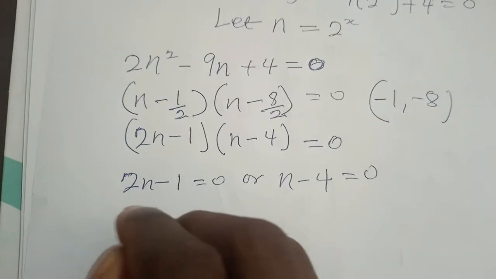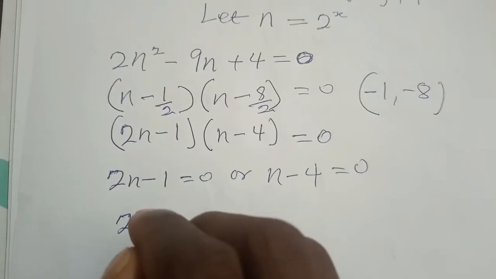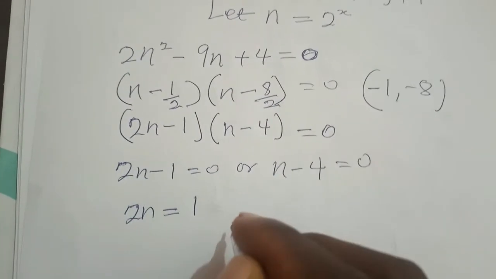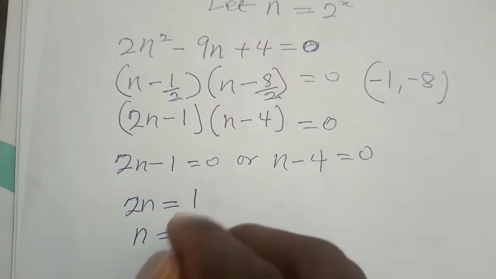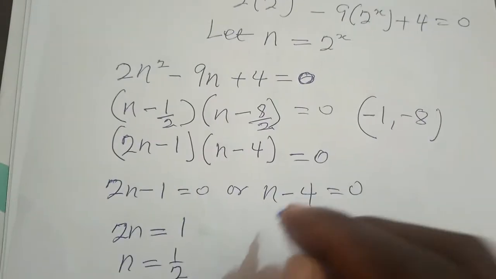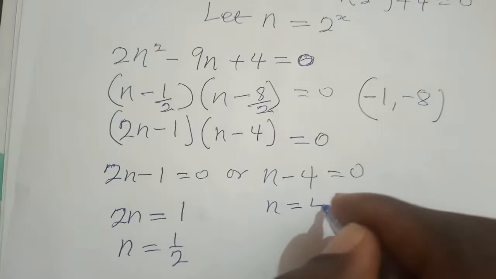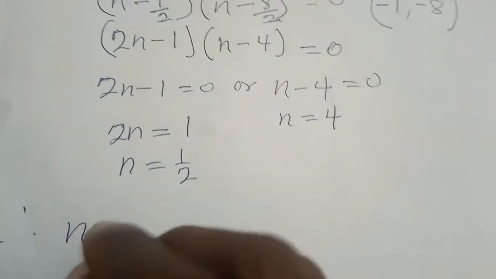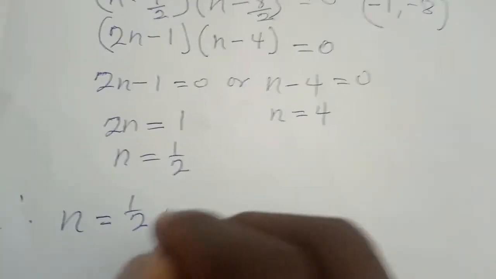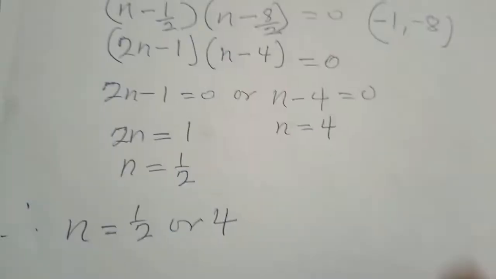So we have 2n equal to 1, and we divide both sides by 2. We are going to get n equals 1 over 2, or n equal to +4. N becomes 1 over 2 or 4.